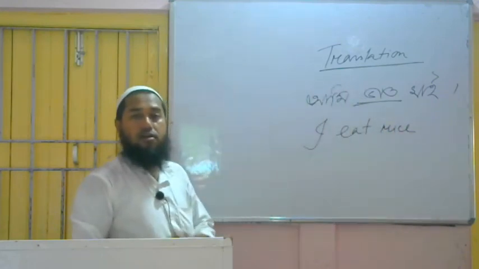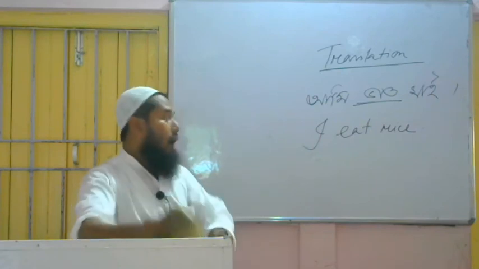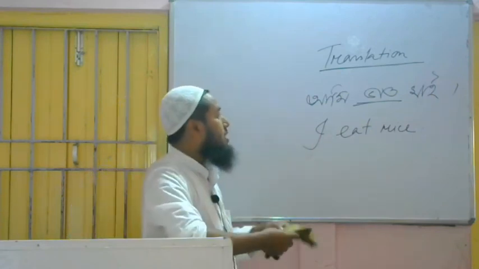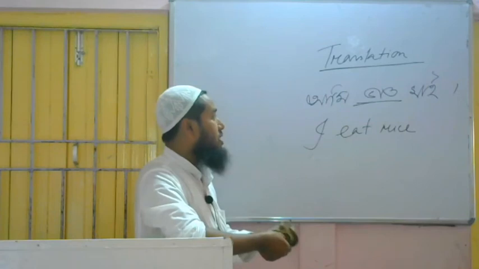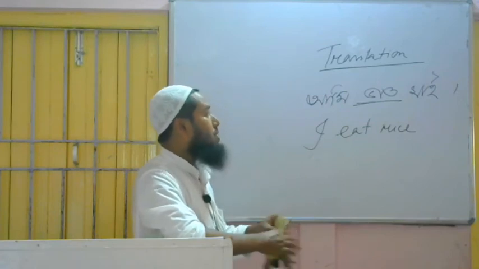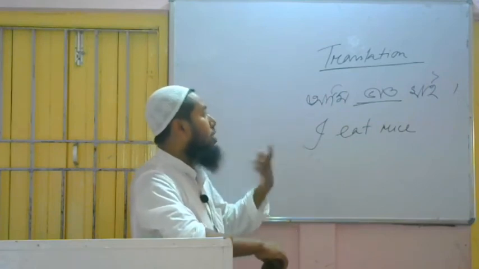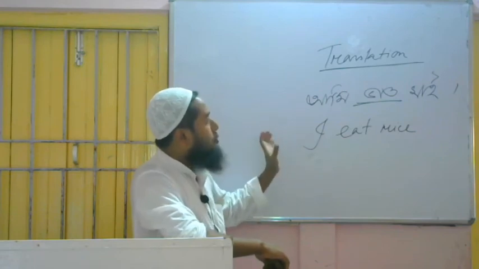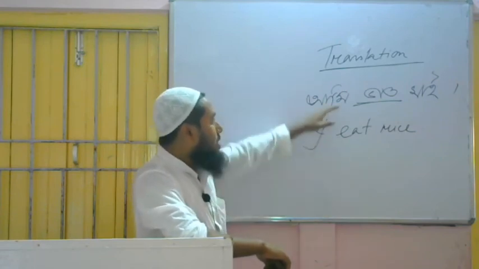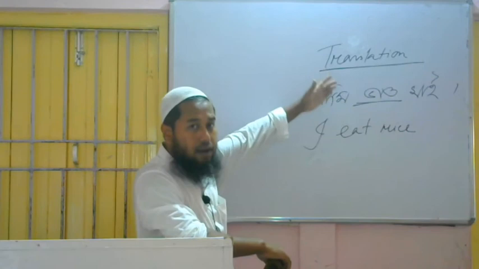This is called translation. That means understanding the meaning of the sentence in the language it is given. It may be in my mother tongue, it may be in Hindi, or Urdu or Khasi or Garo. We have to make a sentence in English to get the same meaning that we got in other languages.